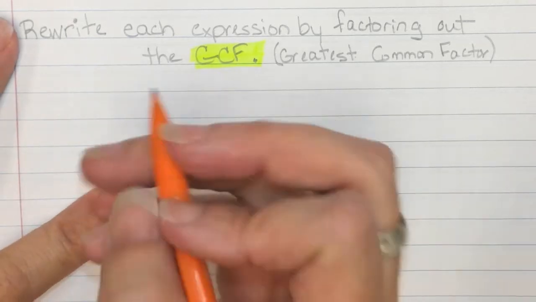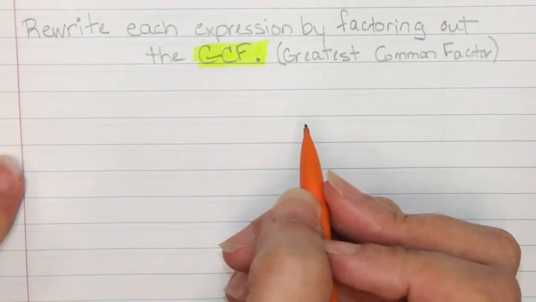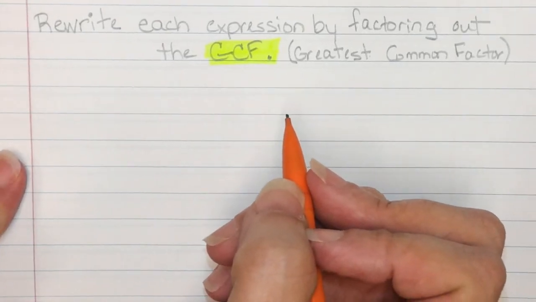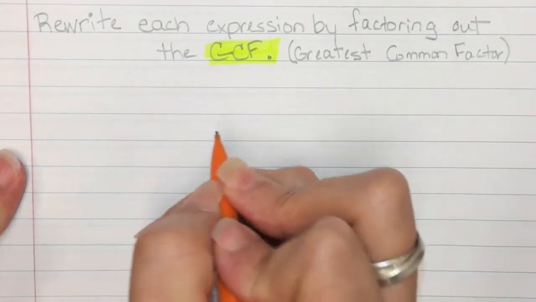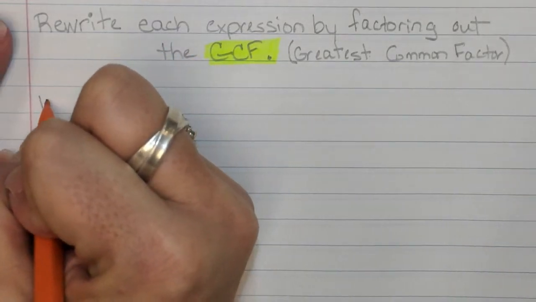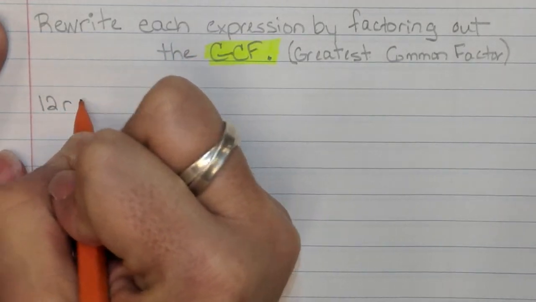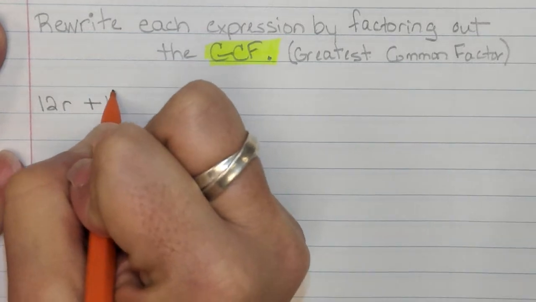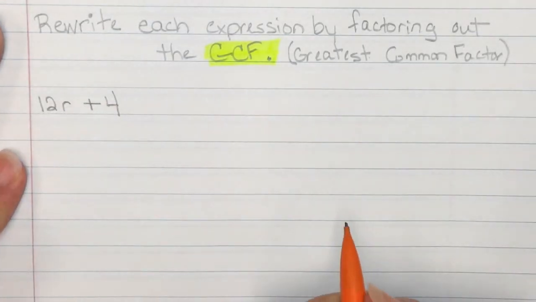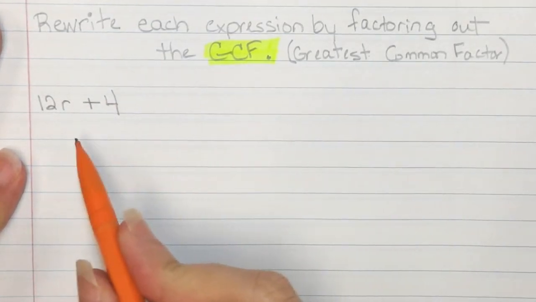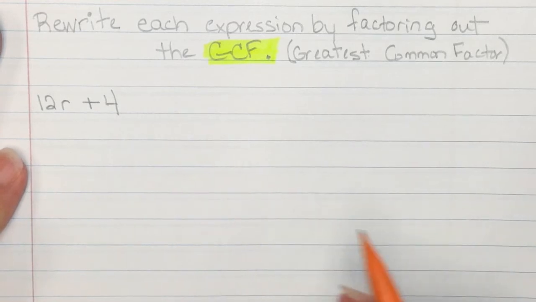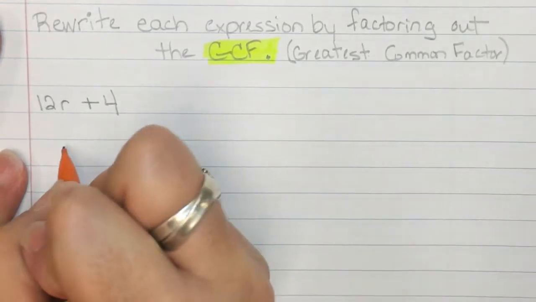Okay? Now, there is a little style to this because I have to see where you wrote out your multiplication tables. So, let's say you have this, 12R plus 4. And if you'll kind of watch the steps, I'll show you the way I've been setting it up. I don't know that it's right or wrong, but, okay.